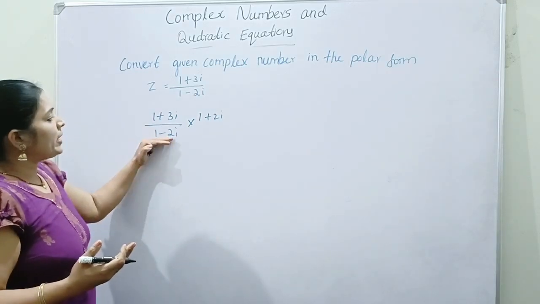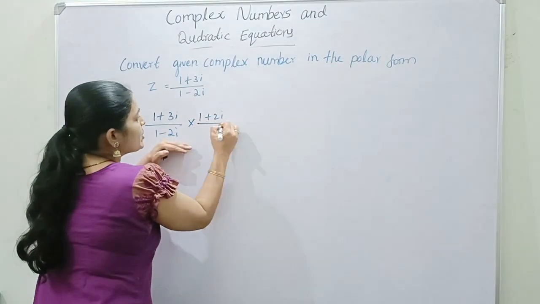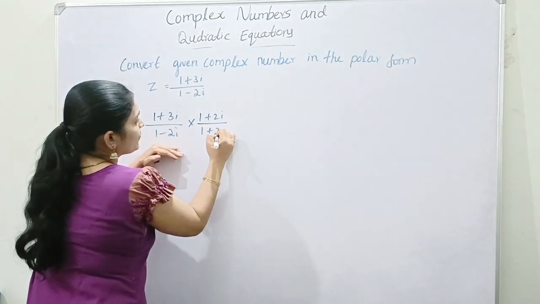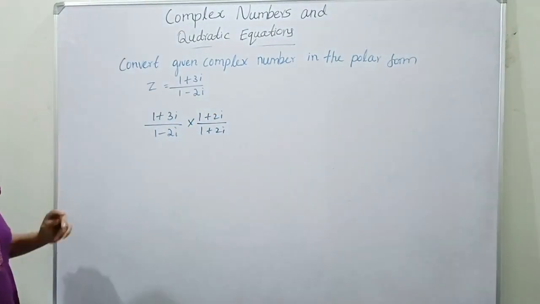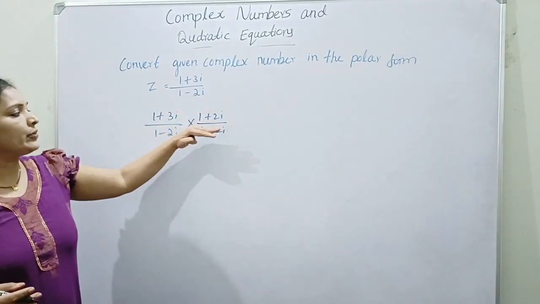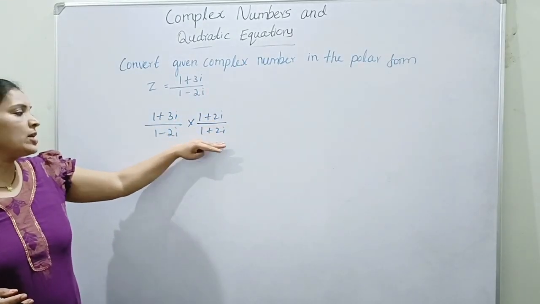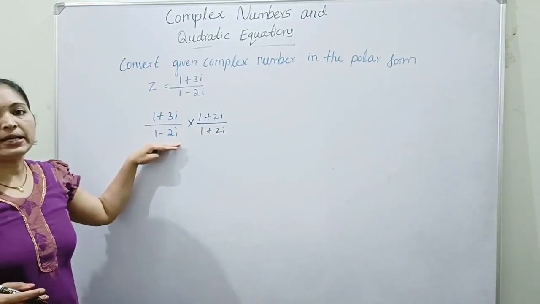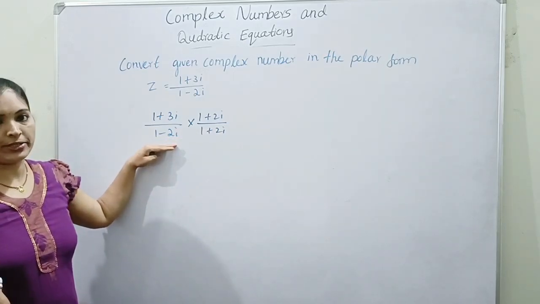So 1 - 2i becomes 1 + 2i. So (1 + 3i)/(1 - 2i) into (1 + 2i)/(1 + 2i). That way we will get a real number in the denominator.